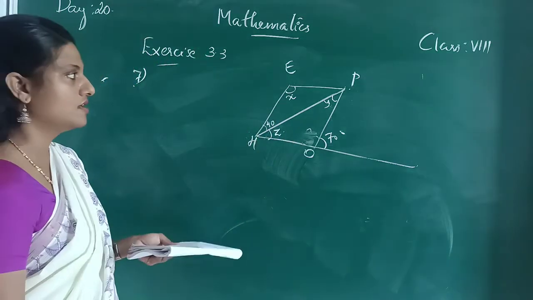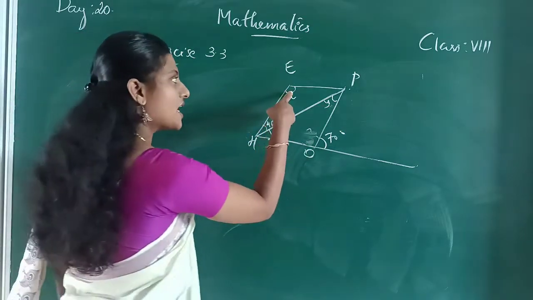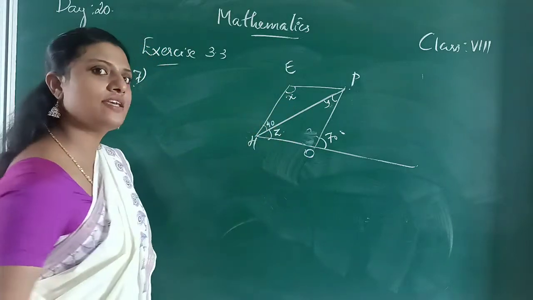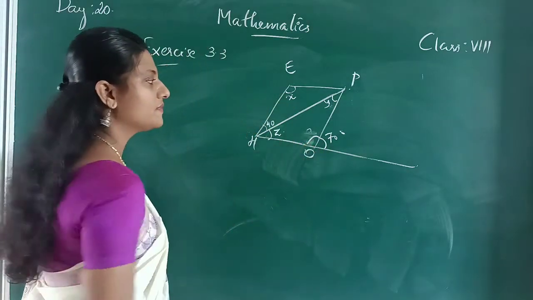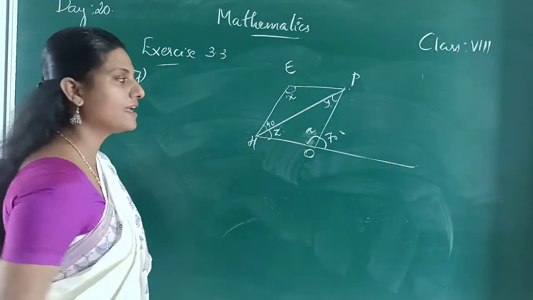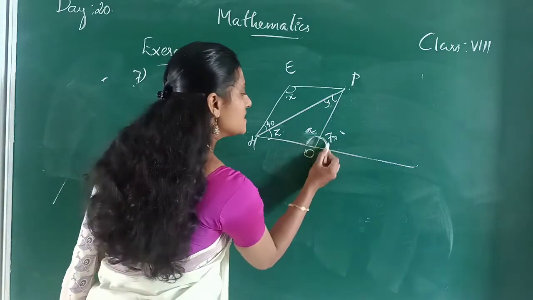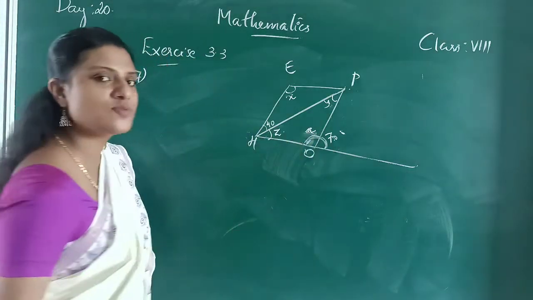X, y, z. To find x, this is a parallelogram. If we know the opposite angle, easily you can find out x. Now look at this opposite angle. That is A. We don't know it. And what are A and 70? They are linear pairs. They form a half circle. They are linear pairs, and the sum of these two angles is 180 degree.